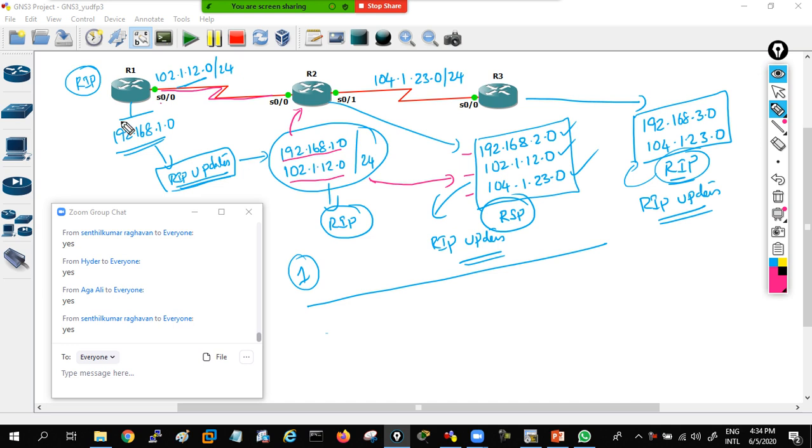R1 sends its updates to R2 and says, hey R2, I know 192.168.1 and 102.1.12. These are my RIP updates.